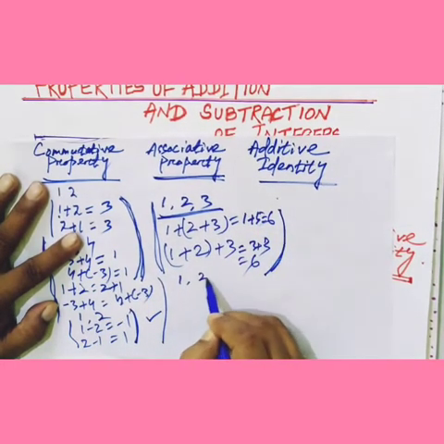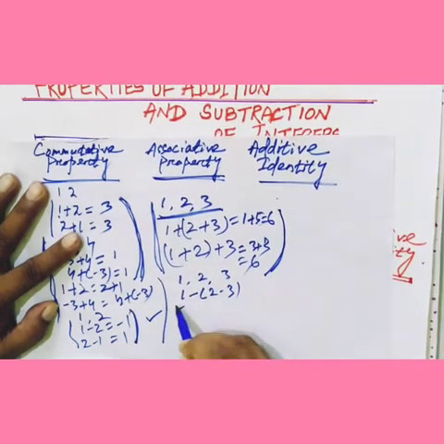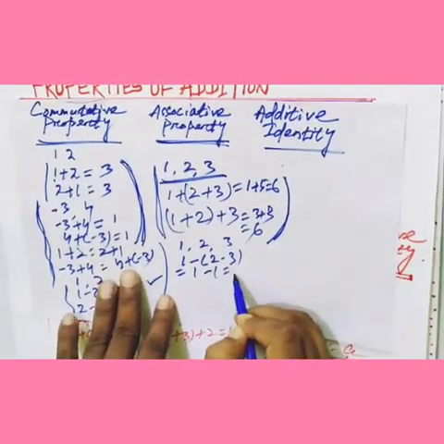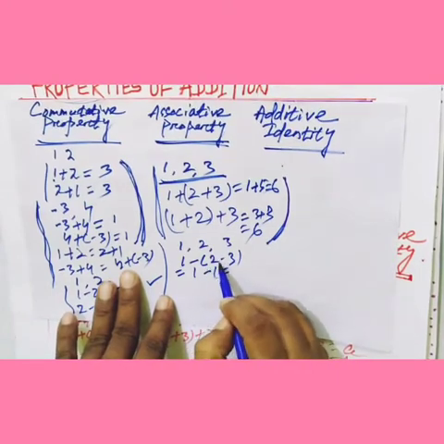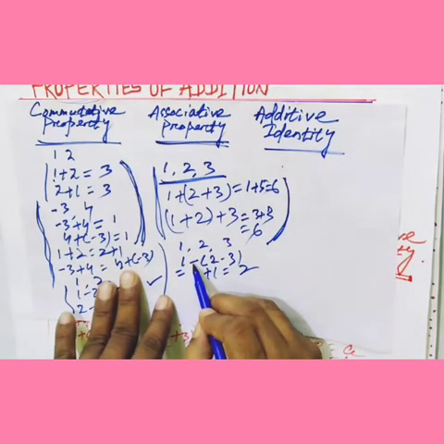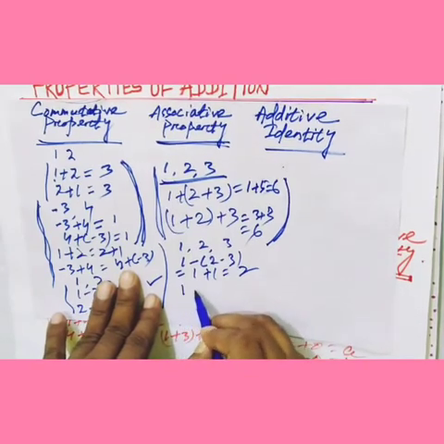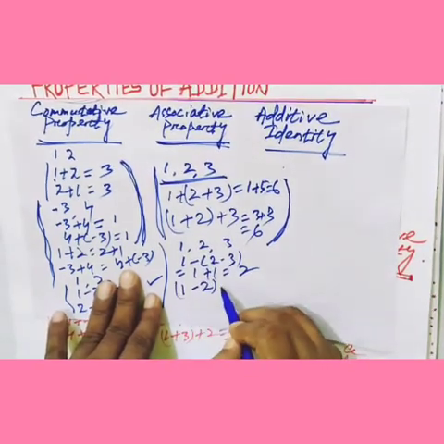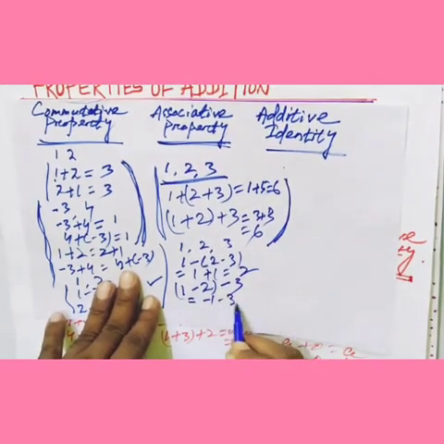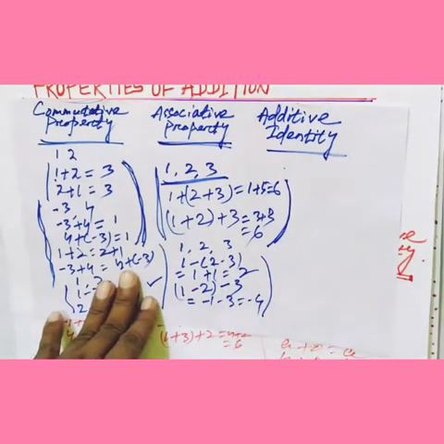Similarly, for the associative property, take 1, 2, 3. Consider 1 minus 2 minus 3. Grouping one way, 1 minus 2 is minus 1, and minus 1 minus 3 is minus 4. Grouping the other way, 2 minus 3 is minus 1, and 1 minus minus 1 is 2. In both cases the difference is not equal.